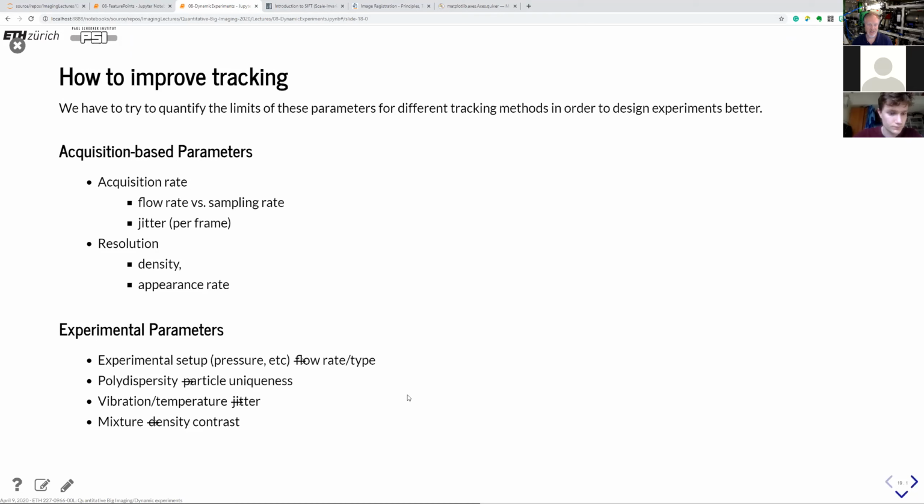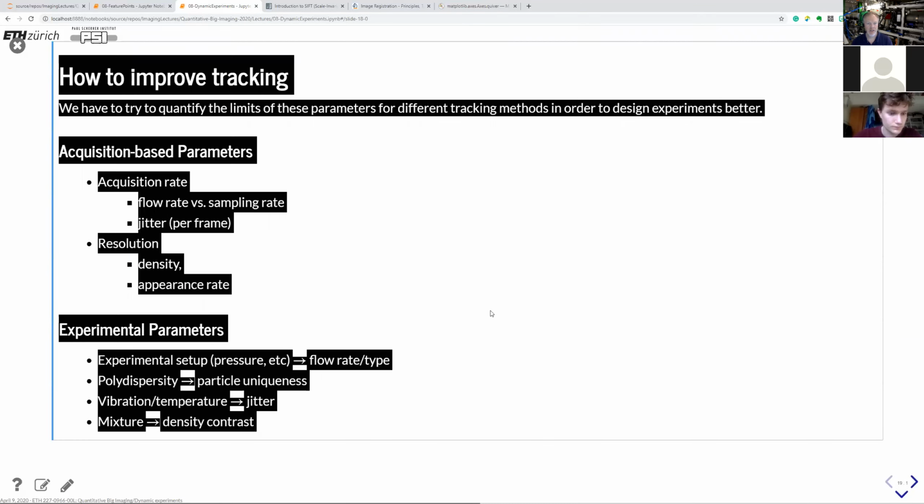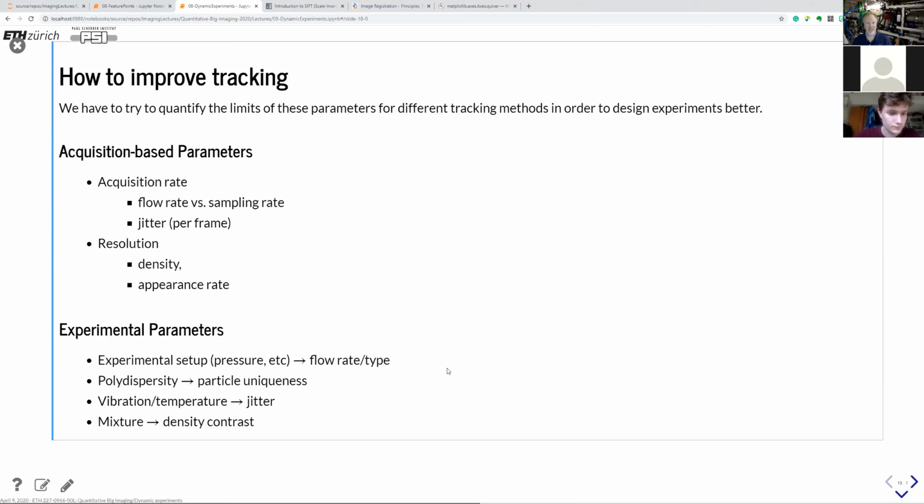On the other side, we can also play with experiment parameters. Looking at the experiment setup, changing pressures gives you a change in flow rate or type. Now, it may be that you want to study a specific flow rate and type, and you can't do much. The dispersity, how unique the particles are, is of course something you could possibly play with. But again, a lot of these parameters are maybe even something that you want to maintain in your experiment setup.